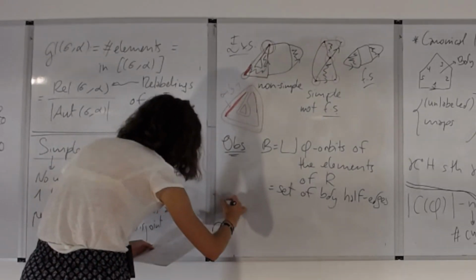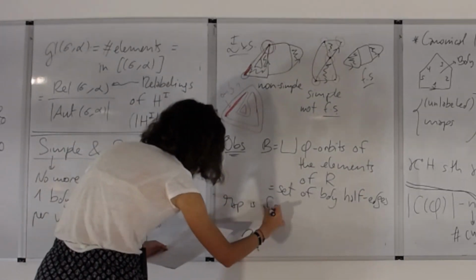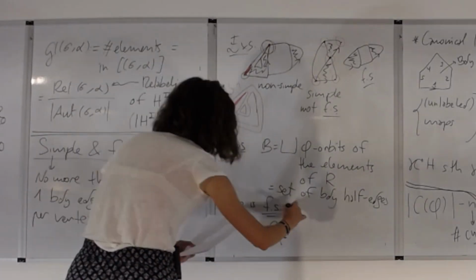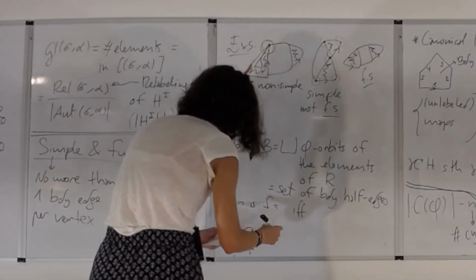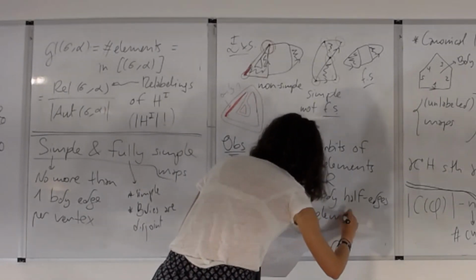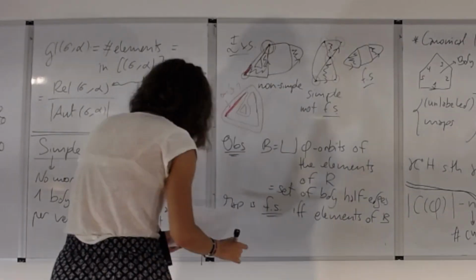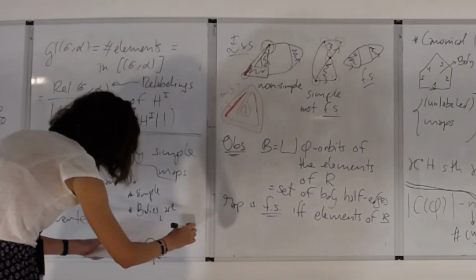Then a map is fully simple if and only if the elements of B lie in different sigma orbits.